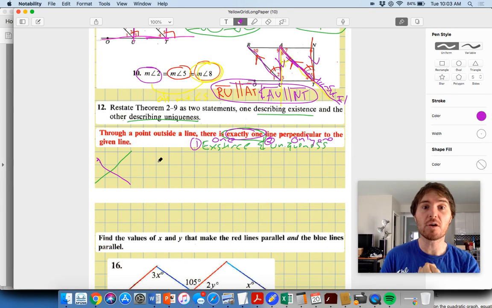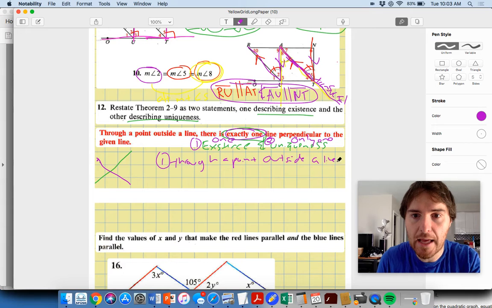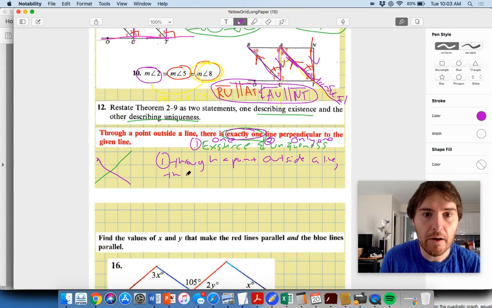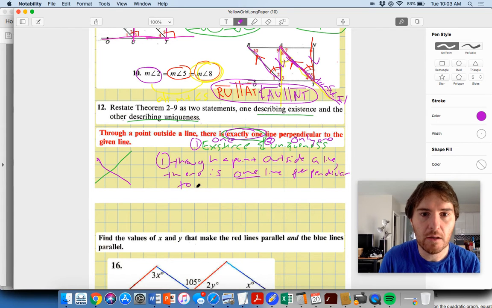One way you could potentially reword this, guys, is: through a point outside a line, there is one line perpendicular to the given line.